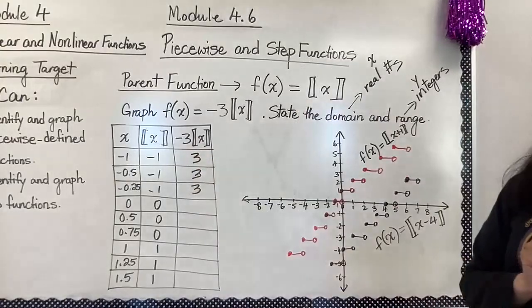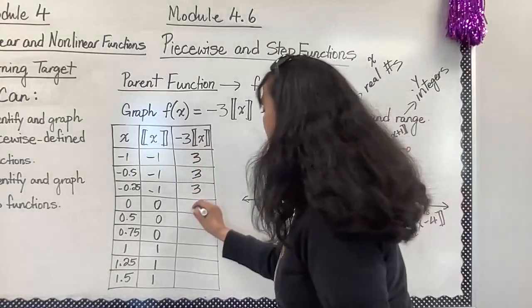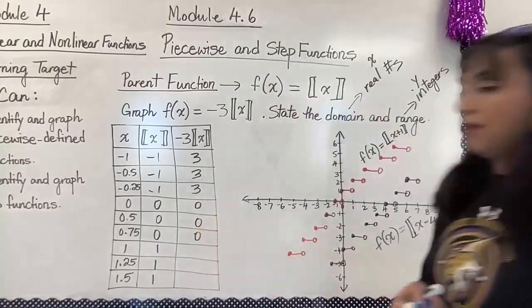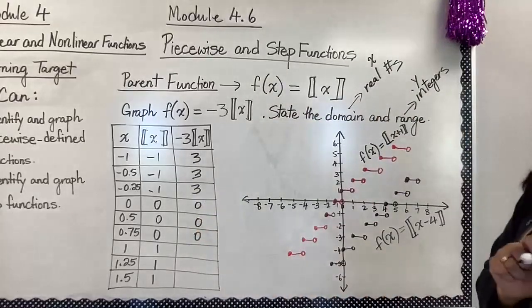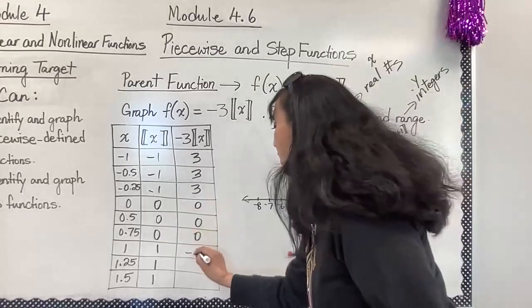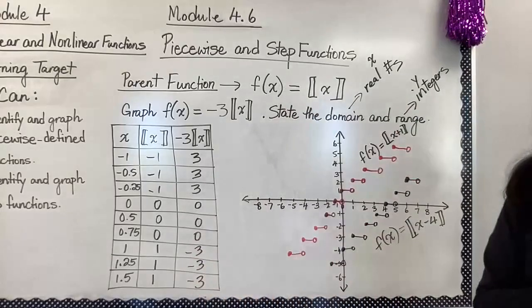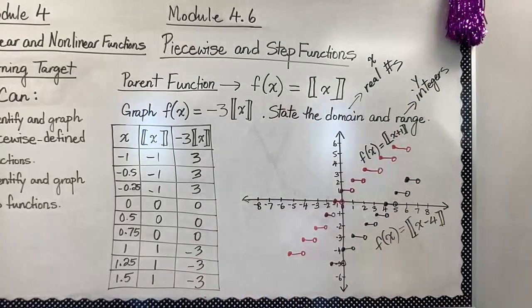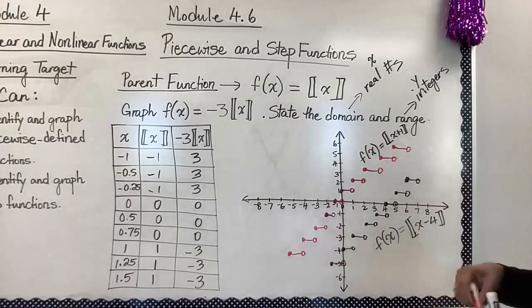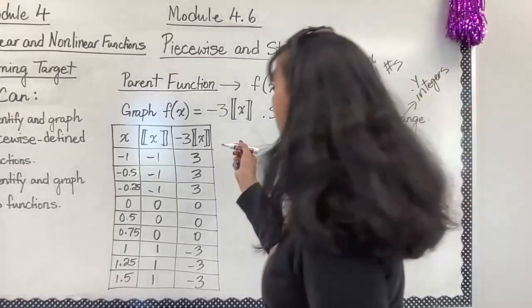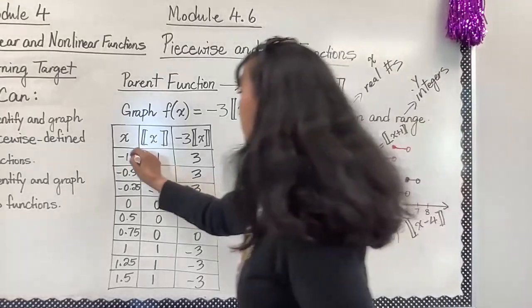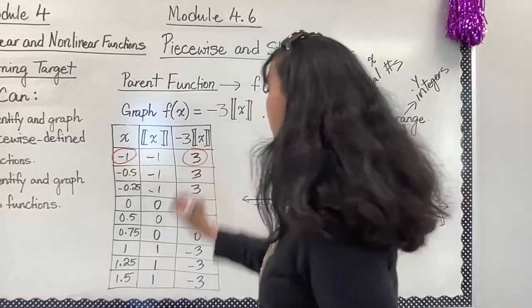And -3 times 0, all of these are going to give me 0. And then -3 times 1, all of this is -3.